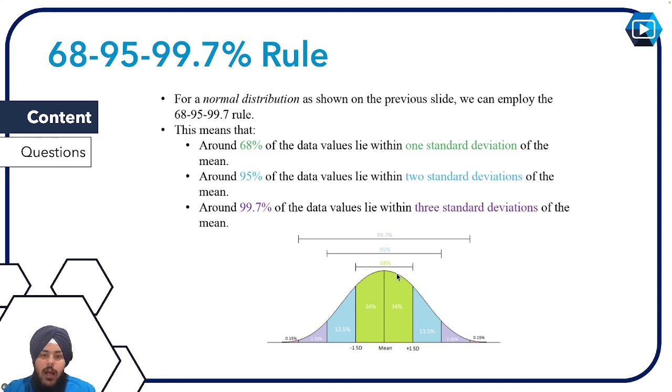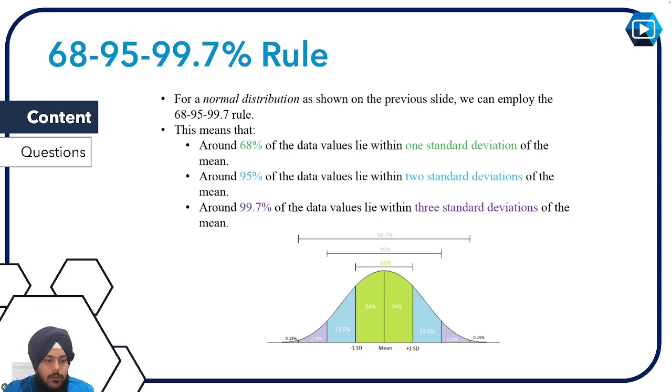For the normal distribution, we use the mean and the standard deviations in order to calculate the probabilities, or not the probabilities, but the percentages. So we have the mean in the middle, and then we have standard deviations on either side. So -1 standard deviation, +1 standard deviation. Let's say the mean is 0, for example.